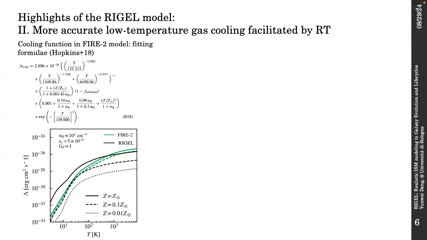The problem is that these fitting functions of Cloudy results cannot cover a sufficiently large parameter space of metallicity, density, temperature, radiation field, all the ISM parameters. So they are biased in a narrow parameter space.